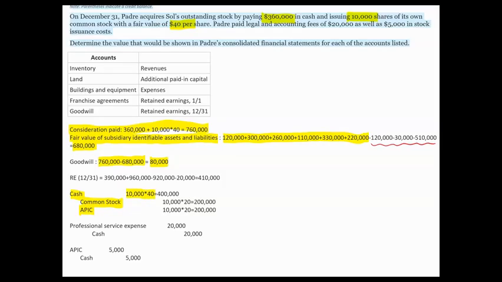That's 400,000. The amount to common stock is 10,000 shares times $20 par value per share, so we credit 200,000 to common stock, and the remaining amount goes to additional paid-in capital. Which means that additional paid-in capital is actually a plug number equal to 200,000.